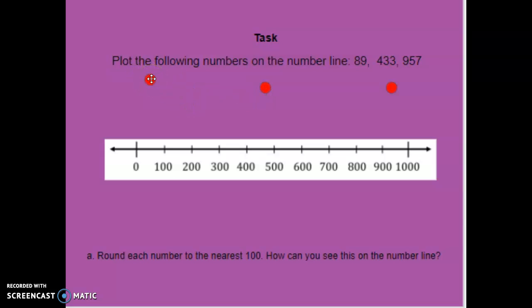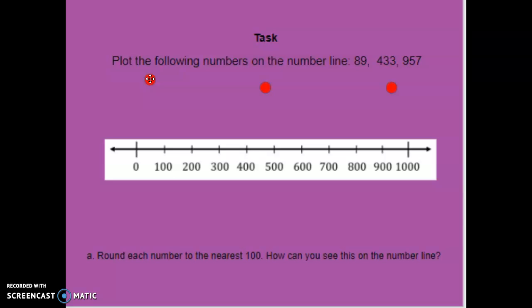So 89 is going to be the number that we're going to plot first. We already have determined that it's less than 100, so it's going to be somewhere in here. The next question I'm going to ask myself, and I'm asking you, is what is this number in regards to that benchmark number, that 50?